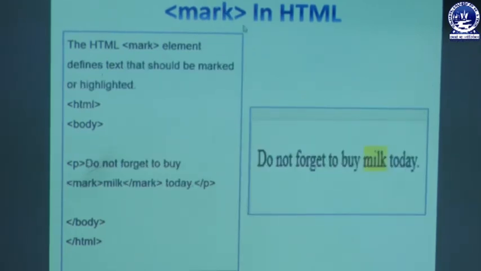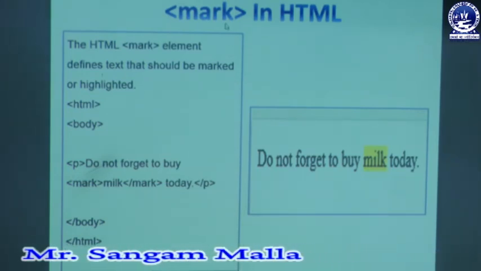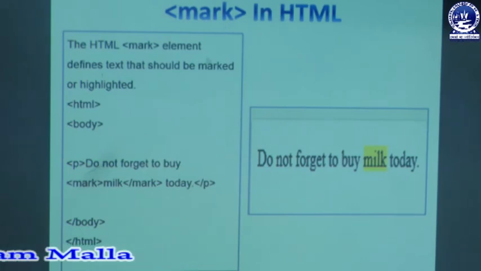Now we will be moving to another tag, that is the mark tag. The HTML mark element defines text that should be marked or highlighted. That means whenever we want the text to be marked or highlighted, we can use the mark tag in HTML. You can see that I have written the source code over here and the reflection is shown over here.